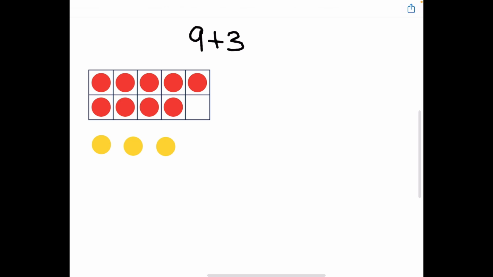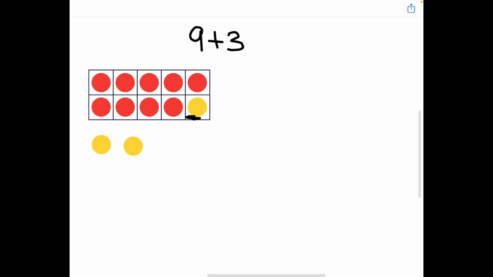How many more do I need to add to this 10 frame to fill it up so that I have 10? Well, we have one empty box right here. So I just need to add one more to the 10 frame. Now I'm adding that one from the 3 counters that were down there. It's going to be important when we look at our number bond.